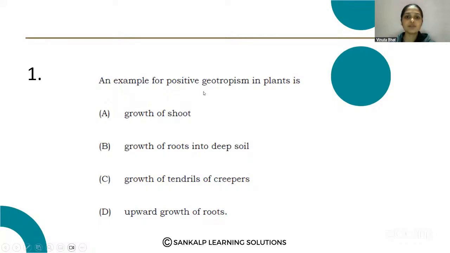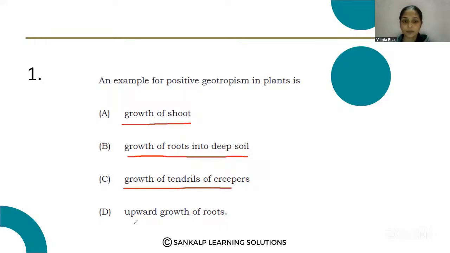An example for positive geotropism in plant is: growth of shoot, growth of roots into deep soil, growth of tendrils of creepers, upward growth of roots.